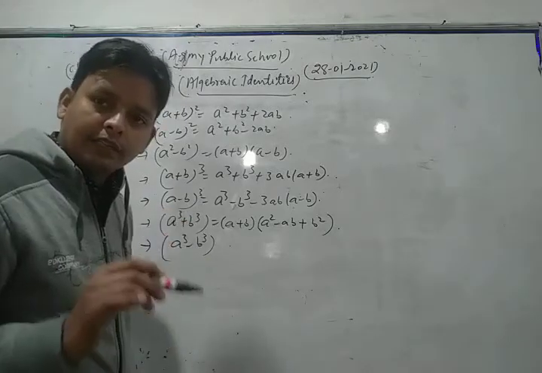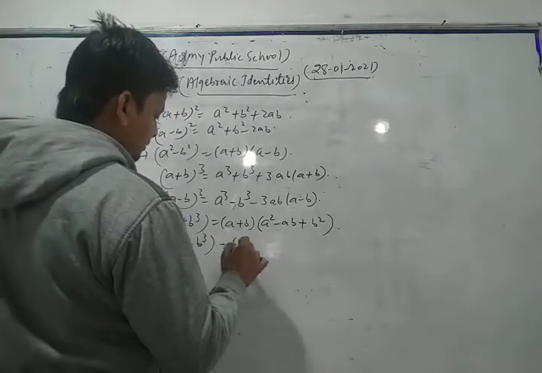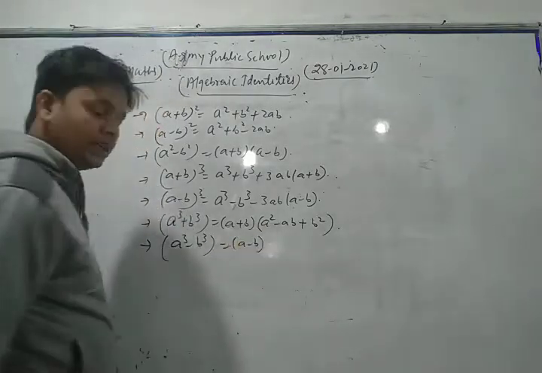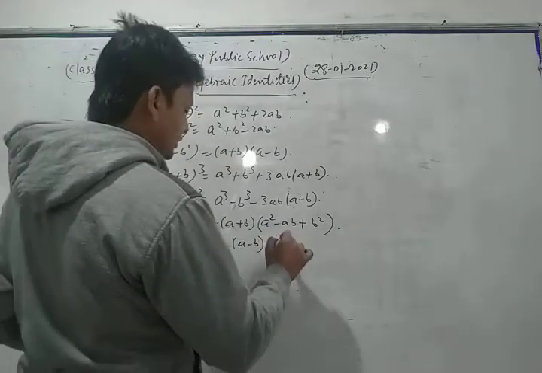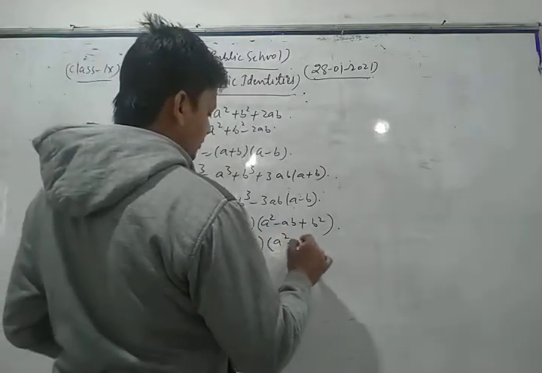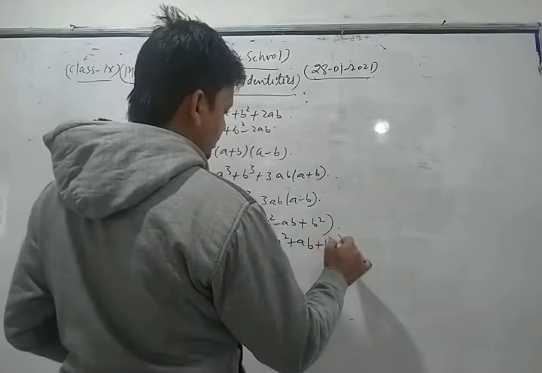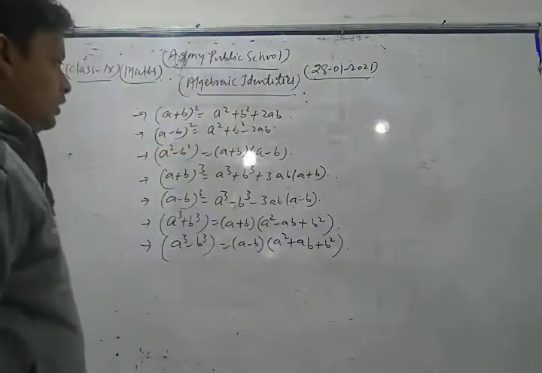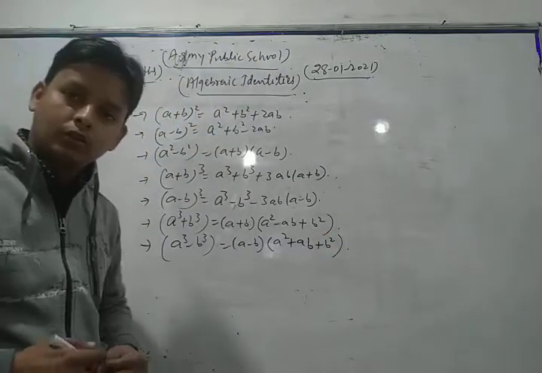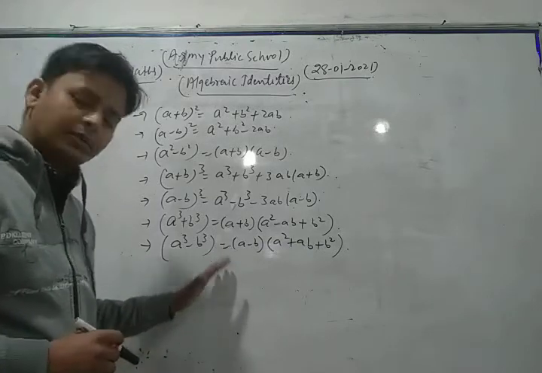The value of a cube minus b cube is (a minus b) in one bracket, and in another bracket a square plus ab plus b square. Okay, this is our next algebraic identity.